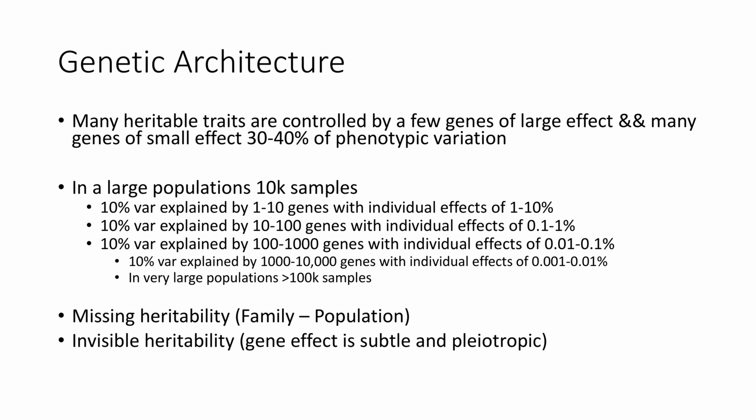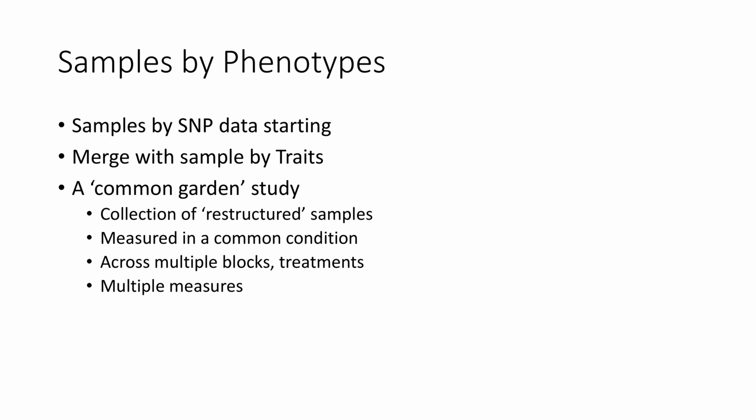I'll talk about invisible heritability a bit later, but that's something that's never been properly measured before. And as we're getting better and better with this parallel discipline of phenomics, we can start to squeeze out more phenotypes and suites of phenotypes that could also have a genetic basis that haven't really been looked at yet.